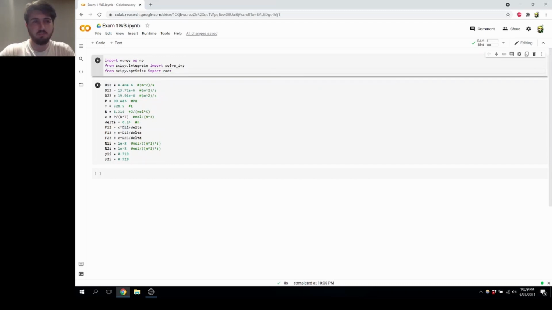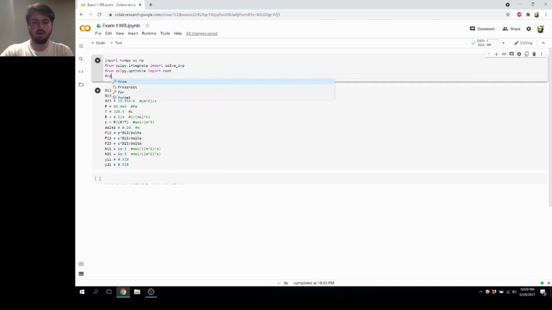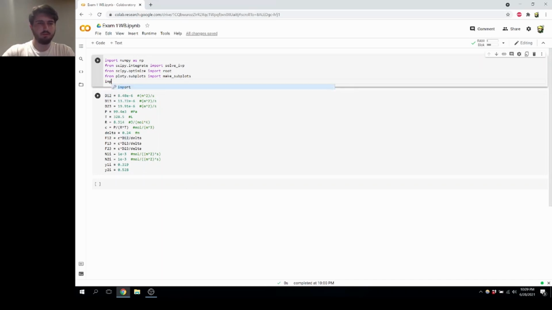Next, we're going to be plotting some things, so we're going to use plotly to help us with that. We're going to import make_subplots, and then import plotly graph_objects as go, just to make it a little bit shorter for us.